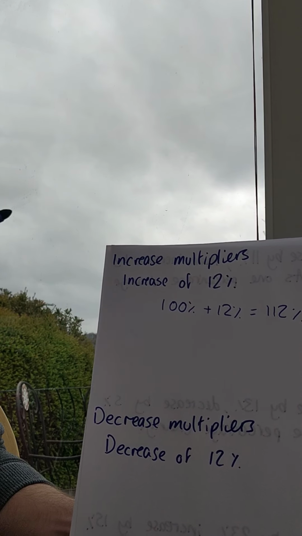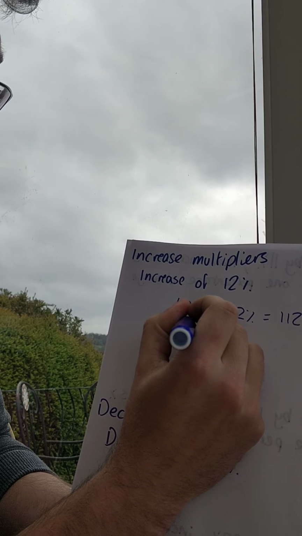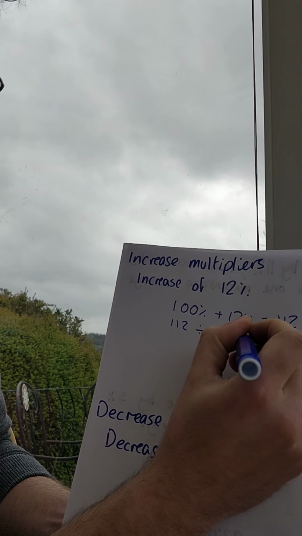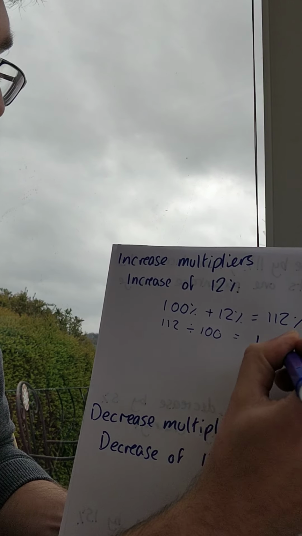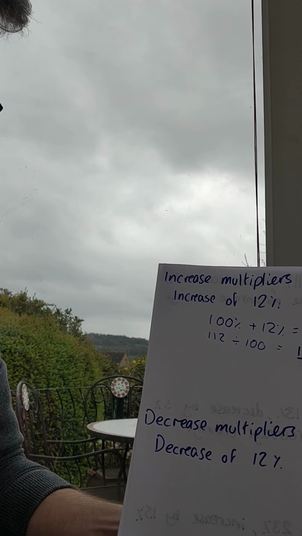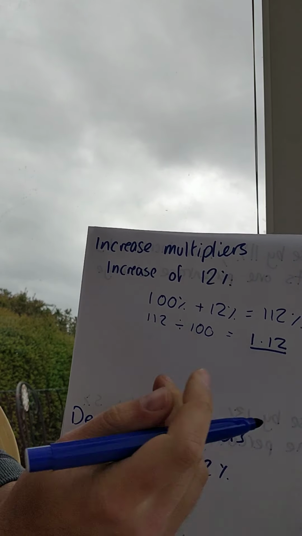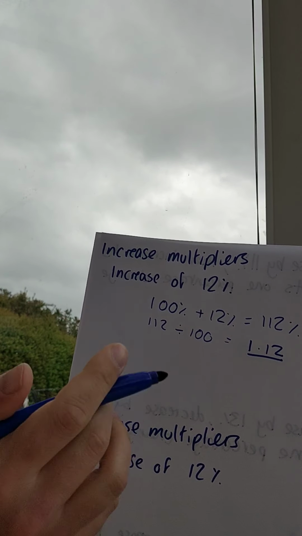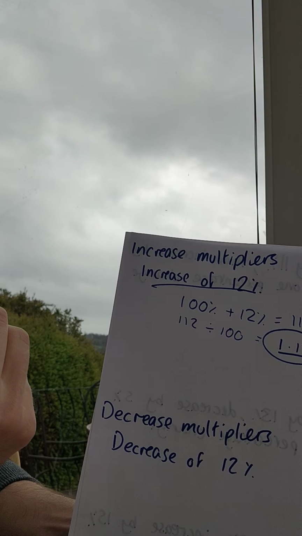To find the decimal multiplier of that, you need to do 112 divided by 100, and that gives you 1.12. So if you wanted to increase something by 12%, all you would have to do is multiply by 1.12. That would be the decimal multiplier. So an increase of 12% is multiplied by that.